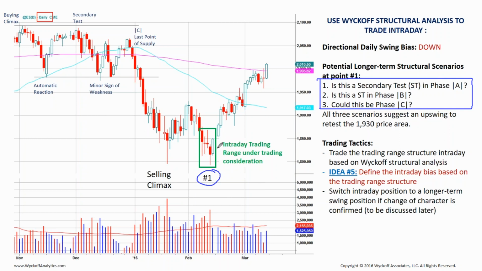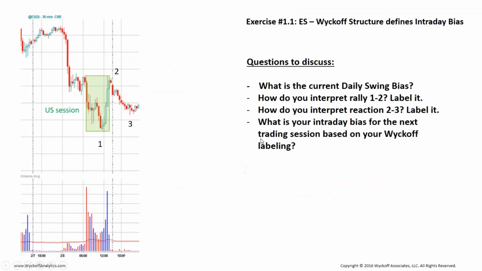Now, all 3 scenarios suggest that we're going to go up and we're going to retest. So we want to look into this structure right here, and we want to go day by day and see what kind of trades potentially we're going to encounter and we could potentially have. Okay, so volunteer, please.